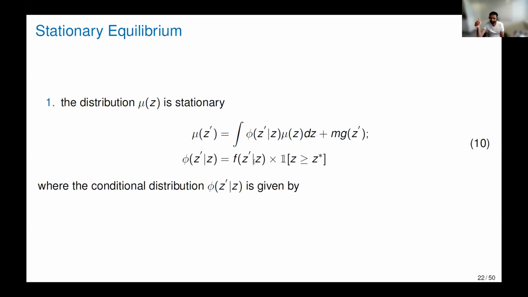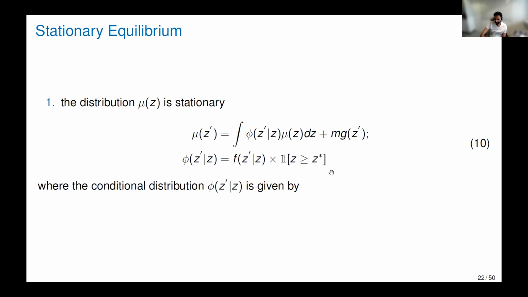All the firms that transit to anything below the threshold will exit, so their mass will be 0. So you want to only put positive mass of firms when Z is greater than Z star. Otherwise these firms are going to exit the market.